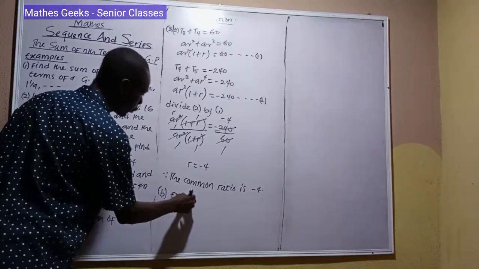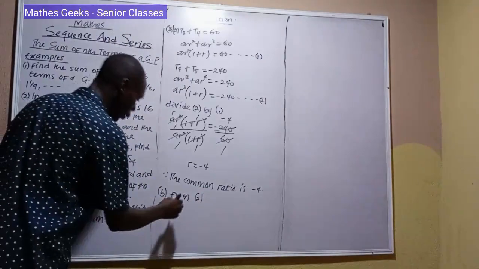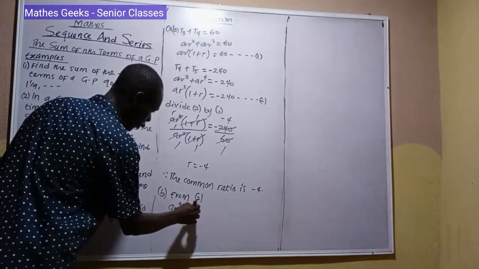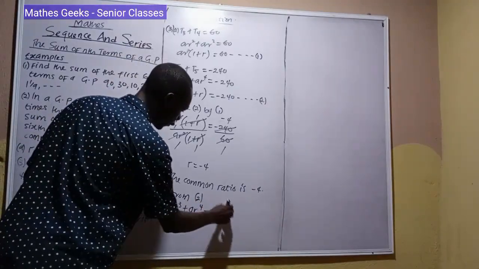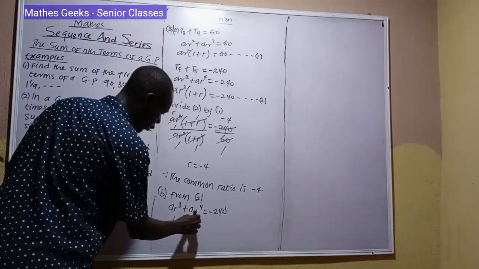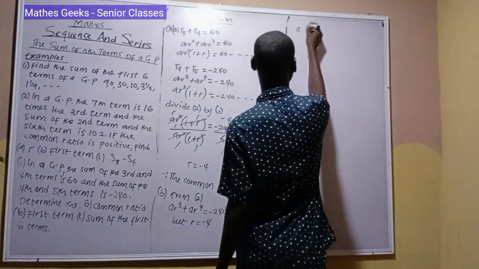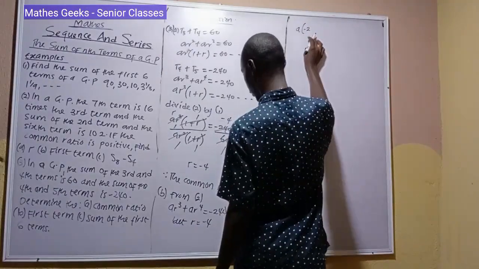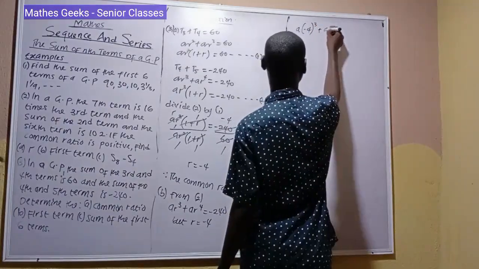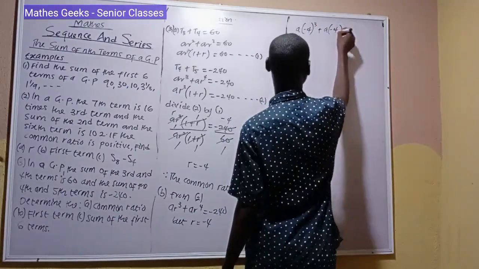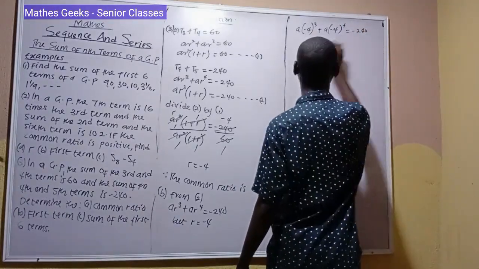B. From equation 2, ar^3 plus ar^4 is equal to minus 240, but r is equal to minus 4. So a times (minus 4) to the power 3 plus a times (minus 4) to the power 4 is equal to minus 240.